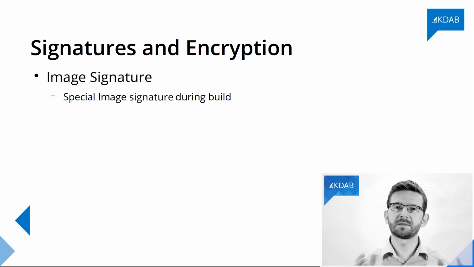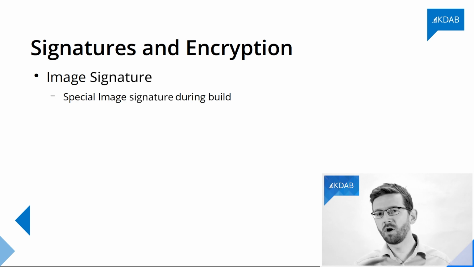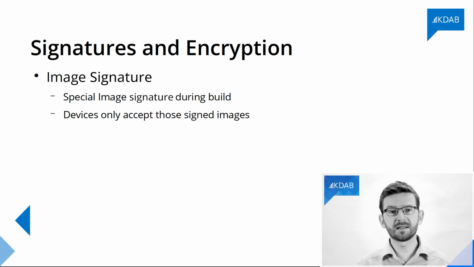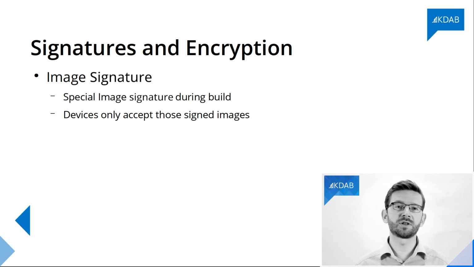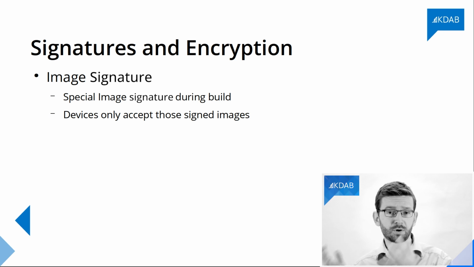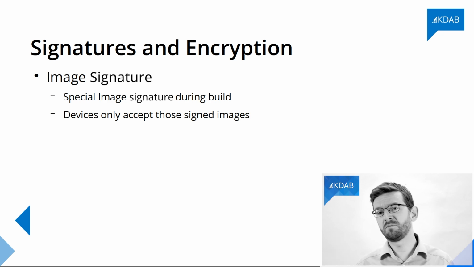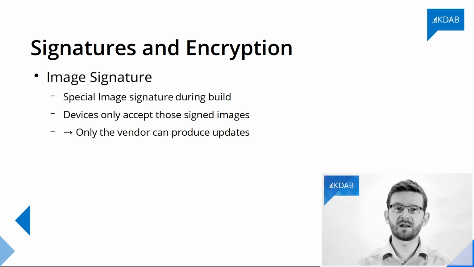They form a special signature over the whole contents of your image, and devices only accept those signed images to be installed. This means no one can change the contents of the image, and thus push malicious code in wrong updates to your customers. Only the vendor can produce updates here.